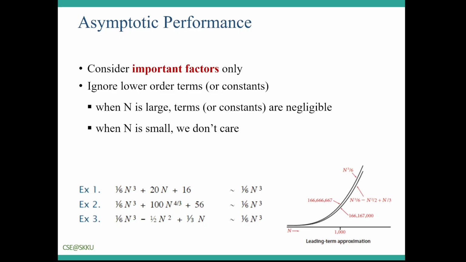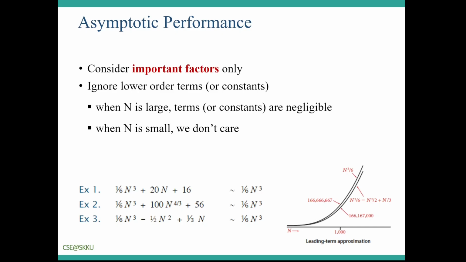We can summarize the relationship among the three notations. You can see that big theta is the intersection of big O and big omega. This means a function is in big theta if it is both in big O and big omega.